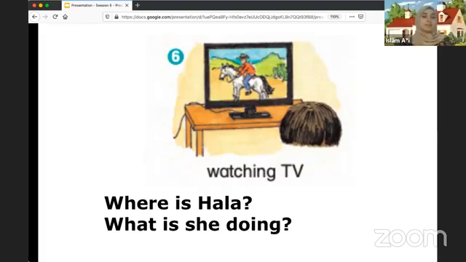And another question here. Hala is reading in the living room. So again, number 6 says that Hala is reading a newspaper in the living room. So is this sentence false or true?